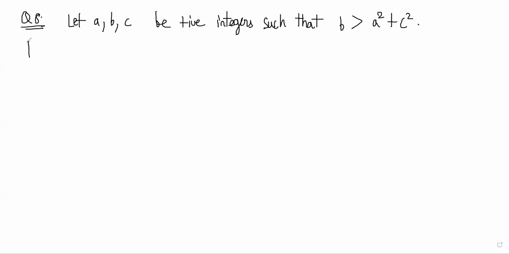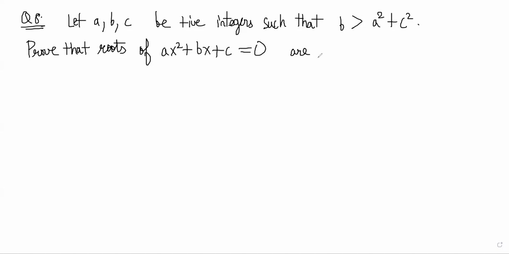We have to prove that roots of ax square plus bx plus c equals 0 are real and irrational. Roots of this are real and irrational.